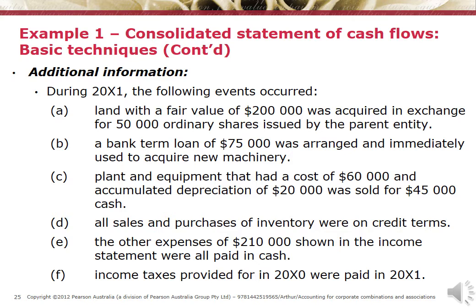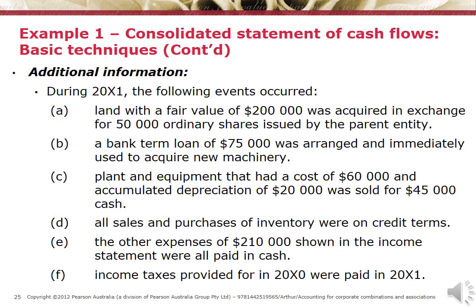Then in B it says that there's a bank term loan of $75,000 arranged and immediately used to acquire new machinery. So we know what that inflow of $75,000, which we saw on slide 23, that term loan, was being used for. Then in C, plant and equipment that had cost $60,000 and had an accumulated depreciation attached of $20,000 was sold for $45,000 cash.